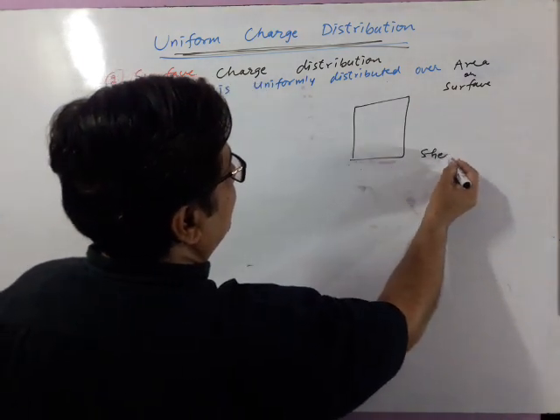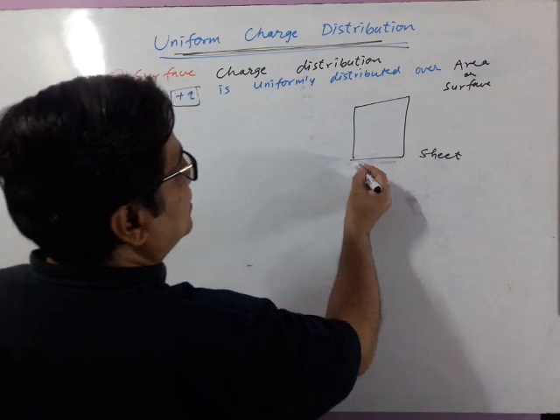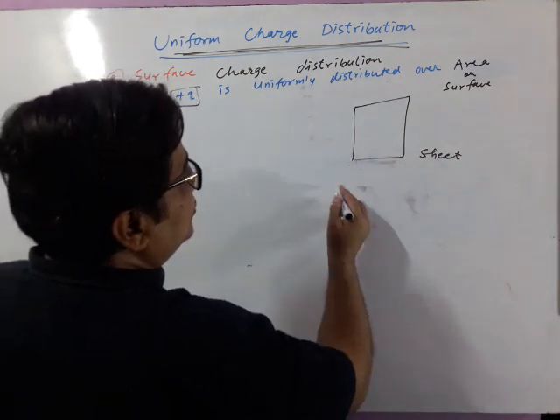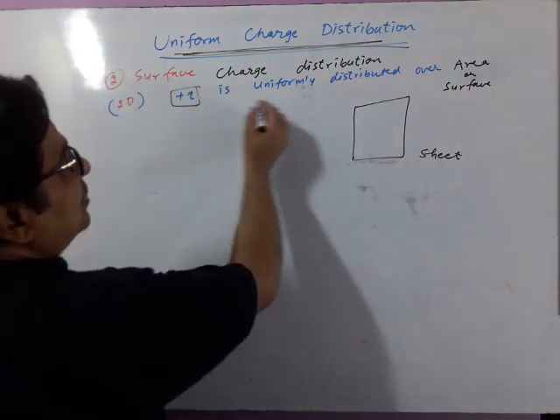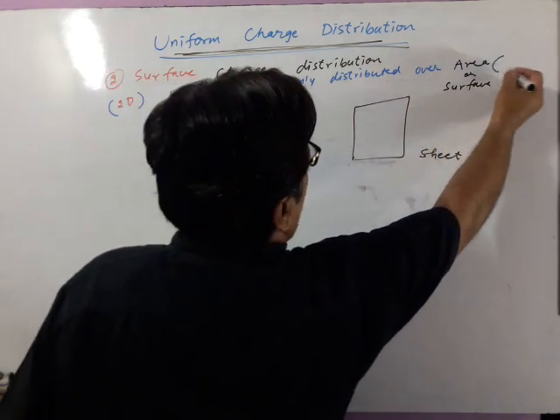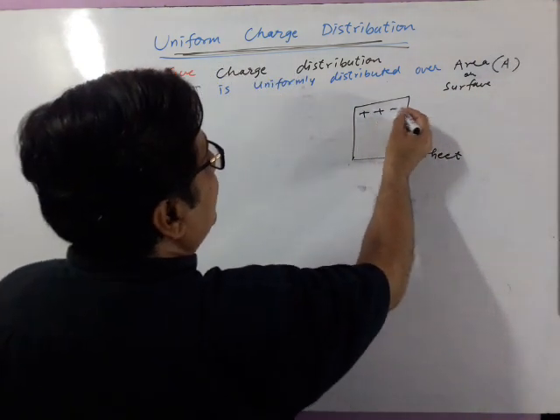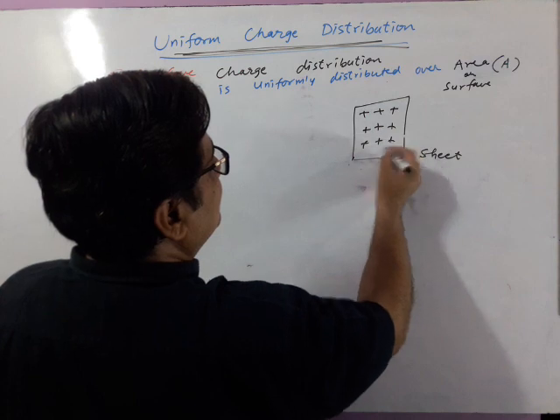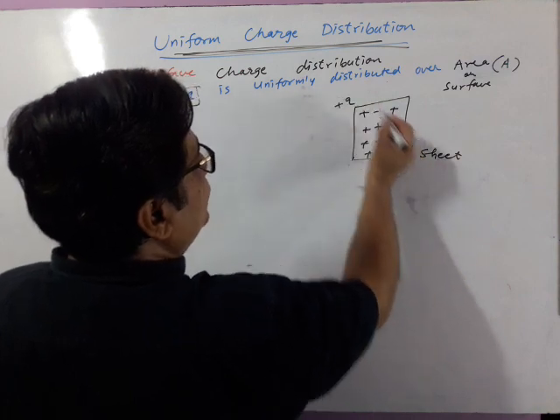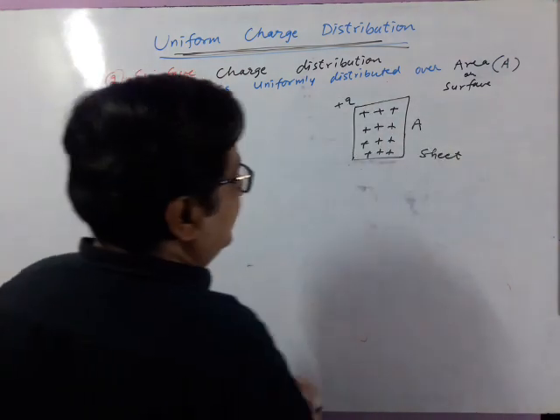The sheet is two dimensional, and if I say plus q charge is uniformly distributed over an area, like this. So this is plus q charge and this is the total area of the sheet.